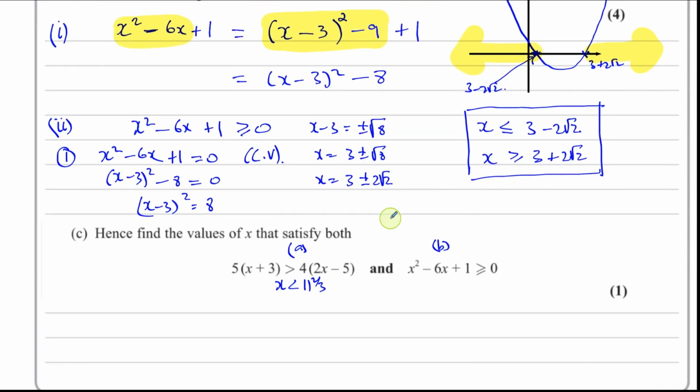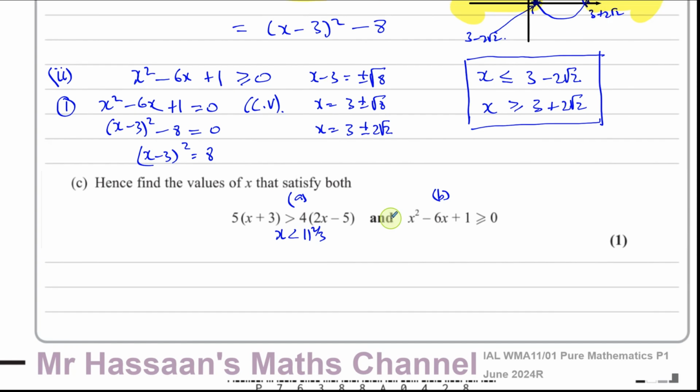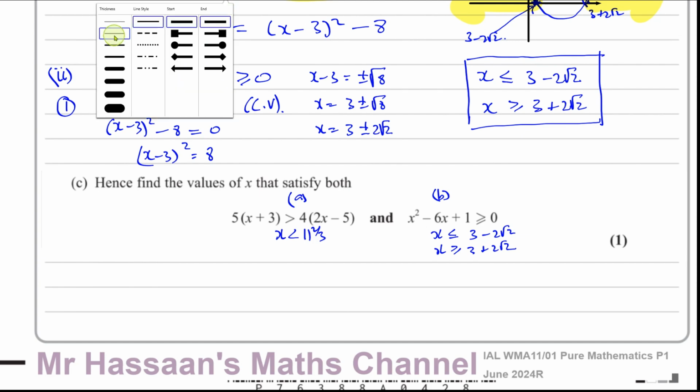And for this second inequality, these are the solutions. x is less than or equal to 3 minus 2 root 2, and x is greater than or equal to 3 plus 2 root 2. So if we make some sort of a number line and try to draw these values on somehow.